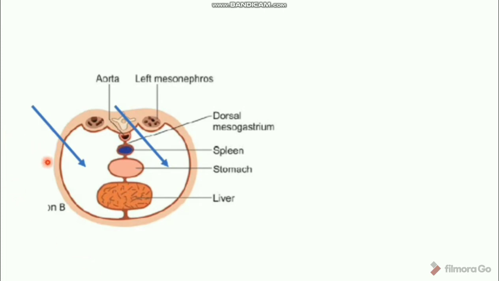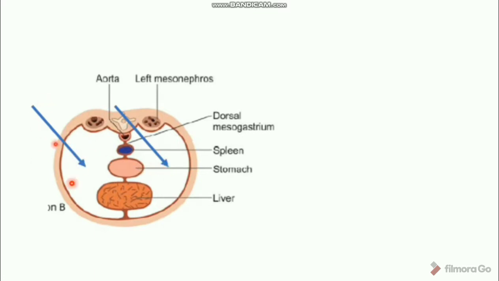Also, I want you to notice the two arrows which I've shown you here. So as I told you, because the foregut is attached on two sides, both the anterior and the posterior side, this peritoneal balloon, the cavity which was entirely single, has now been divided into two parts. One part which is to its right and the other part which is to its left.